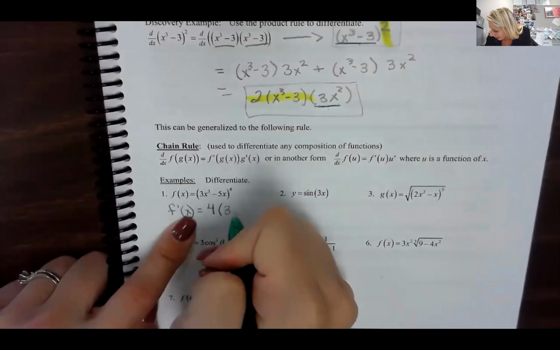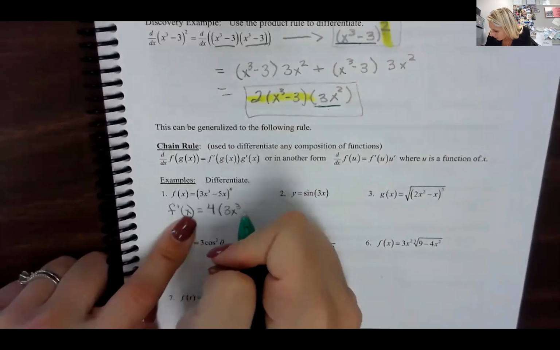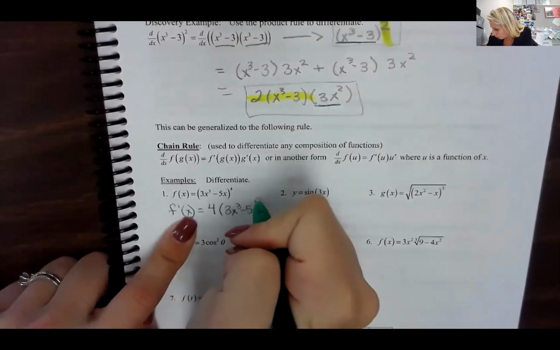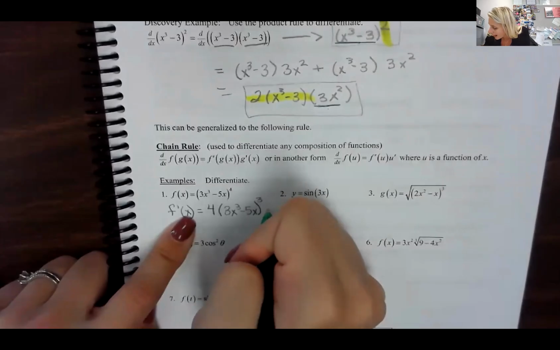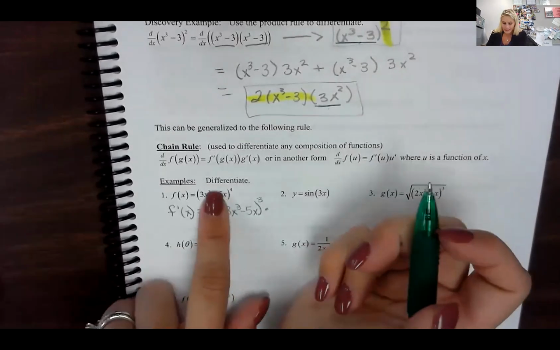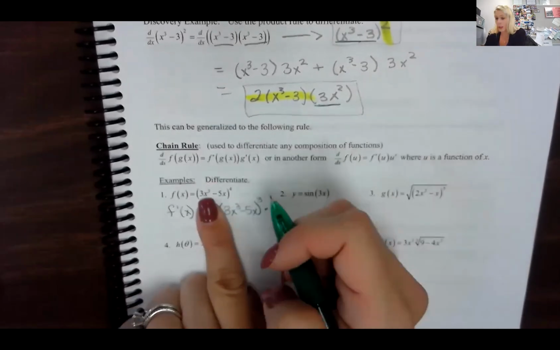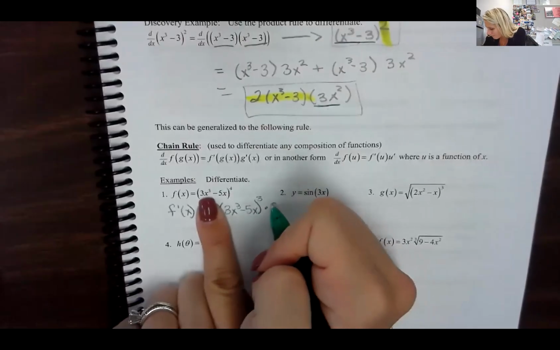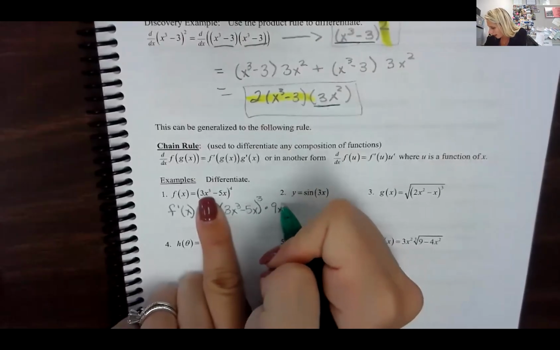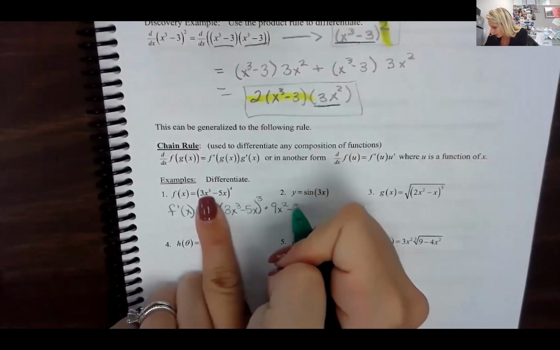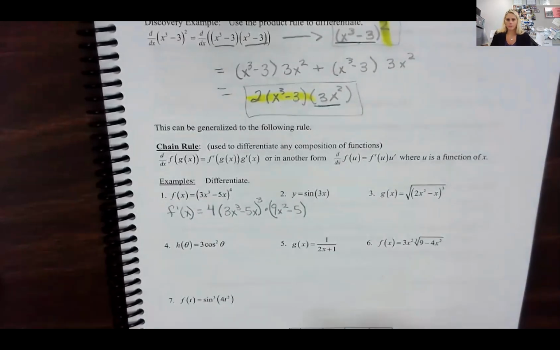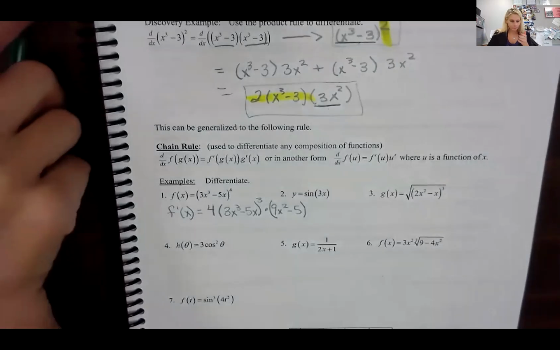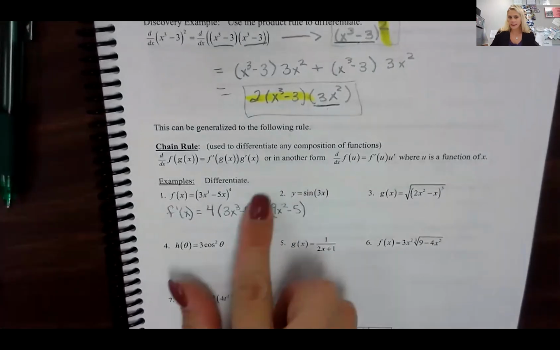Inside stays the same. And then, of course, we would subtract 1 from that exponent. So that's the outside derivative times the inside derivative, which would be just our power rule. So that would be 9x squared minus 5. And we're done.